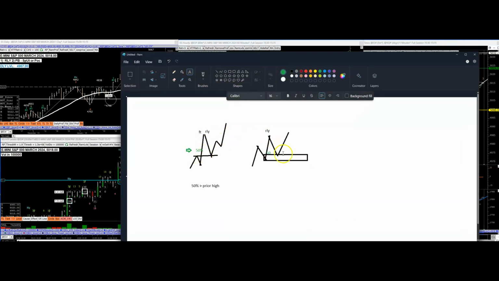Oh, one other thing I have to mention. So this is 1, this is 2. Not the only time, but a third possibility in strong trends is you might just get a spring.